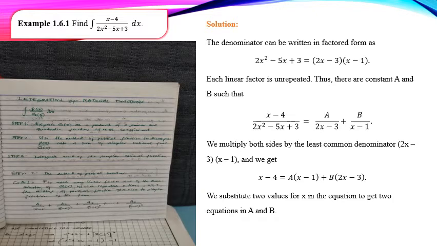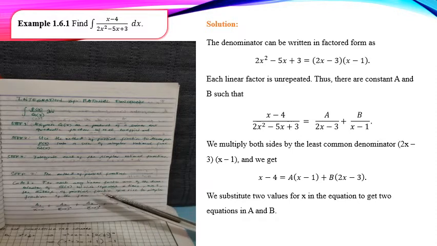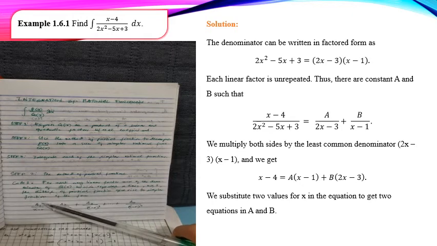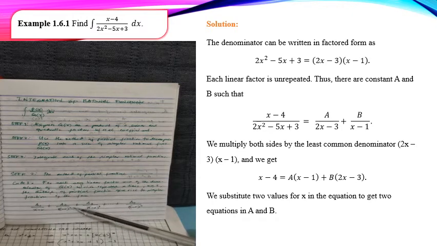So if ang linear factors natin, pag nakita ninyo na yung factor natin is a linear function, ibig sabihin 1 yung degree niya, and then yung factor na yun is repeated siya n times. So pwede natin siyang ma-decompose as a sub 1 over x minus r plus a sub 2 over x minus r quantity squared.